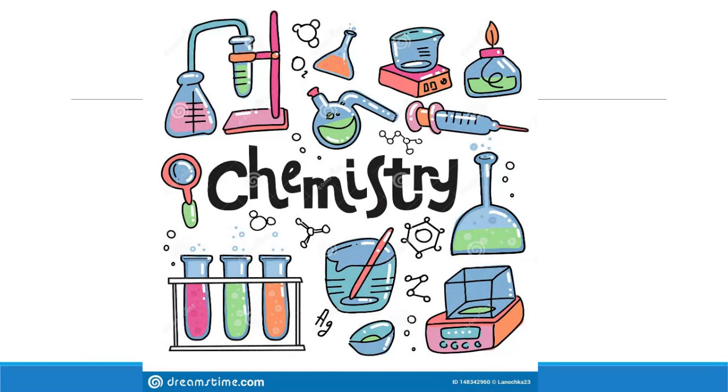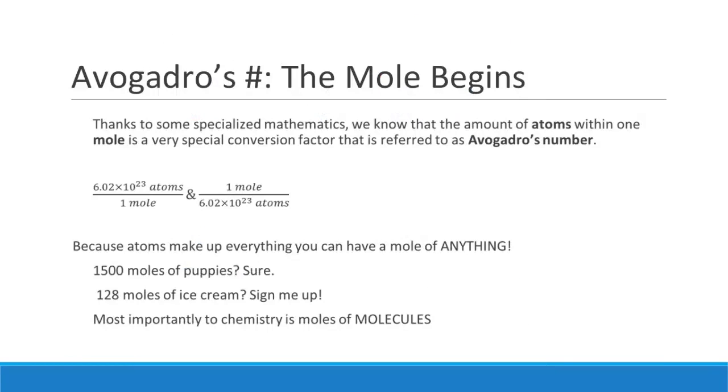Let's do it, okay? So let's talk about the big one. When you start talking about chemistry, you really have to start understanding this singular idea, which is Avogadro's number and the mole.